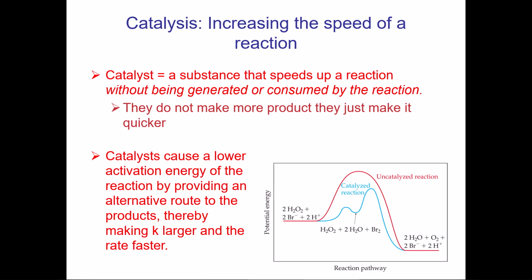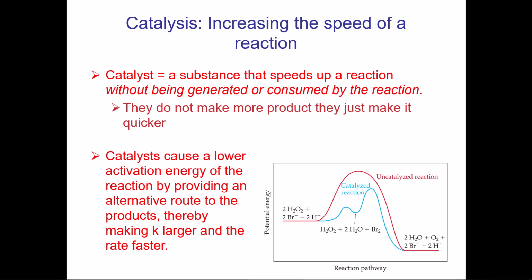Now, a couple of things about catalysts. Catalysts do not make more product. They make the reaction faster. And the way they make the reaction faster is by finding an alternative route that has a lower activation energy.